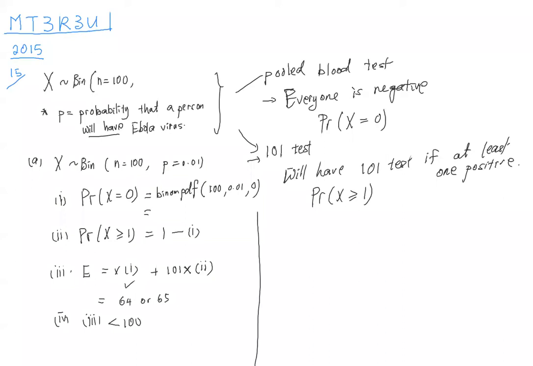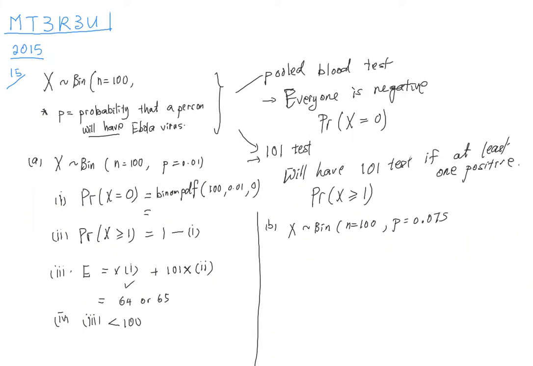Okay. Then after that for part B, show that in a large town. So now you change the P. Now for part B, it is a binomial distribution, n equal to 100. But in this town, the probability of a person getting the virus is very, very high. It's 0.075.